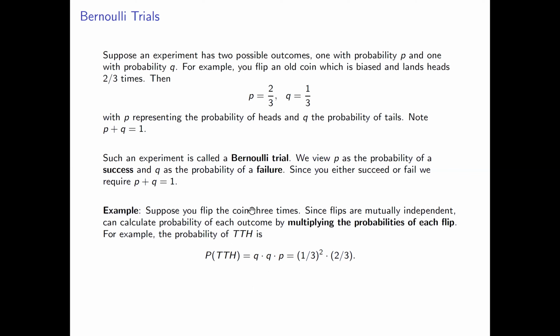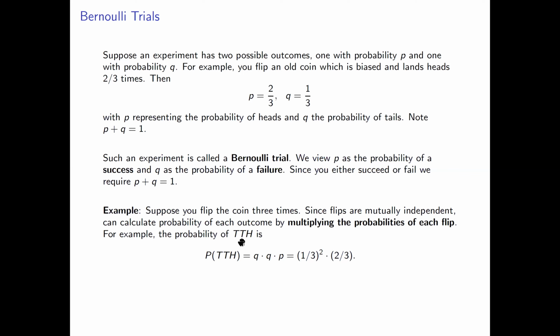Another way to think about this is, let's say I repeat this experiment, the experiment meaning the trial where you flip the coin 3 times. Let's say I do this 27 different times. Well, you would expect that in about 1/3 of all those attempts, the first flip would be tails, right? And then among those outcomes where the first flip was tails, you would expect 1/3 to be tails again.